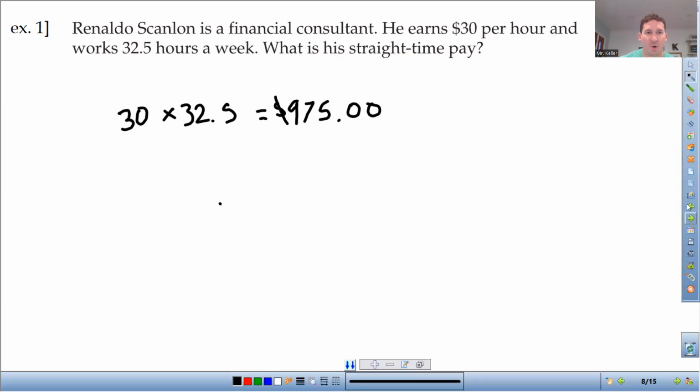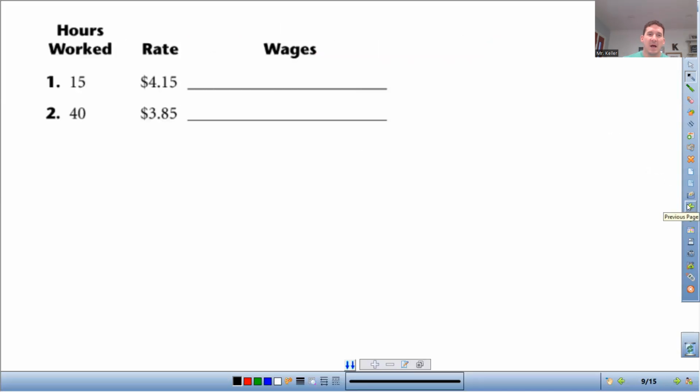All right, the worksheet that you'll be working on today, all it gives you is the hours worked and the rate. All you need to do again is multiply these. So 15 times $4.15. That's a rough job. I think this worksheet came out decades ago.